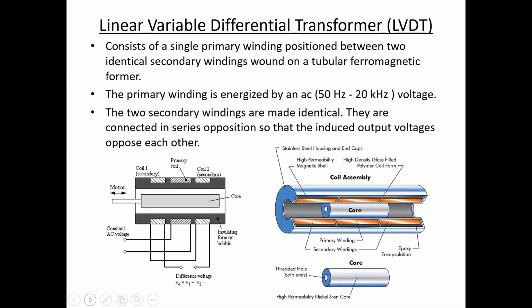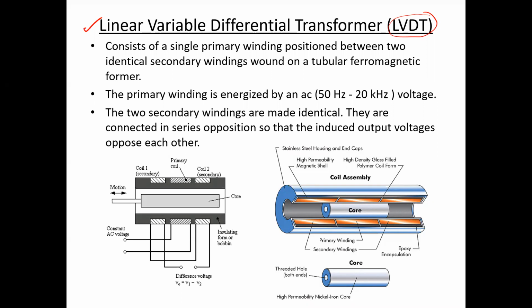The device is called linear variable differential transformer, and the short form is LVDT. Mostly it is used to predict any linear displacement with respect to the change in mutual inductance.